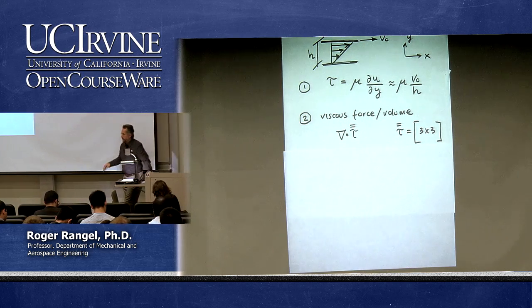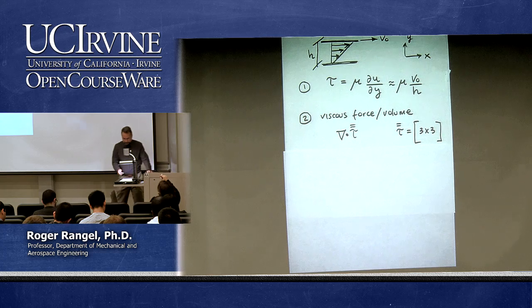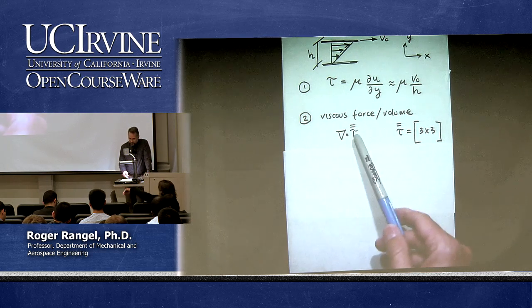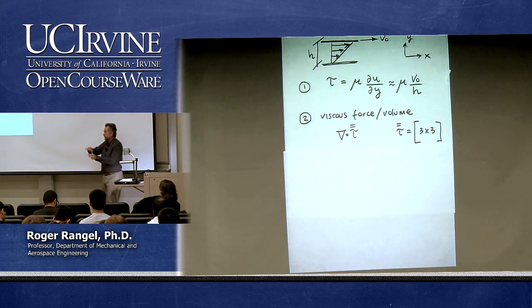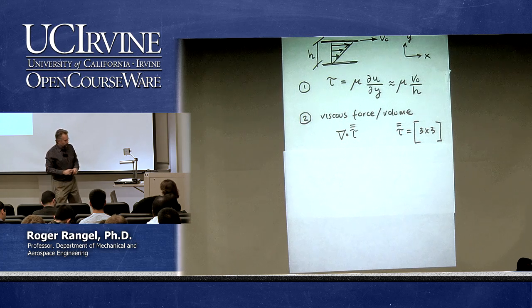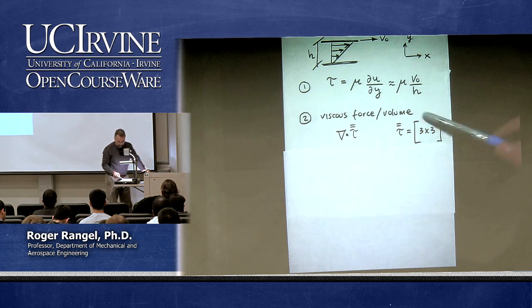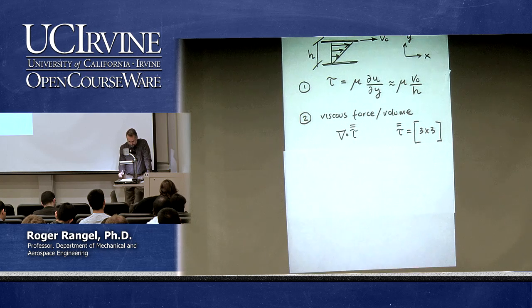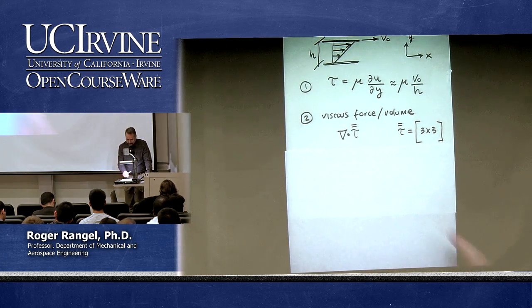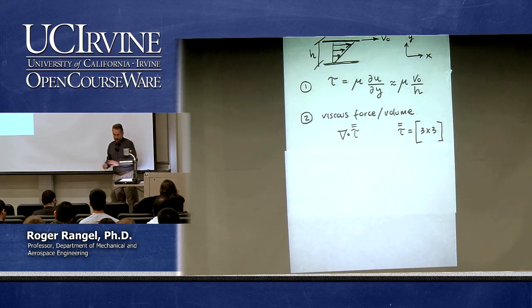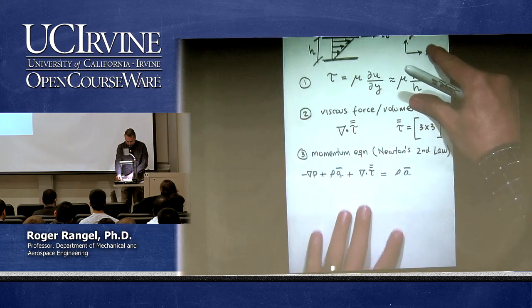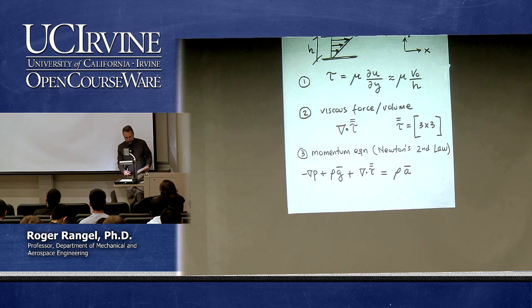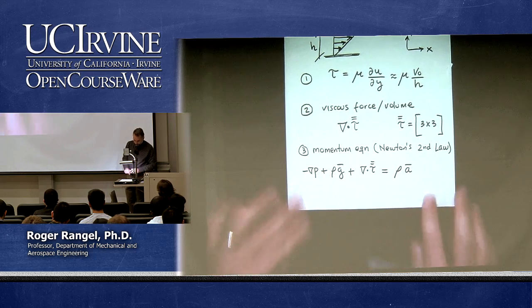But it is a 3x3 matrix where you have all the components of the stress tensor arranged in this 3x3 matrix. So we left it pretty much there, except that I told you what that term would look like if the fluid is Newtonian. But if we put it into our expression, then we ended up with this.